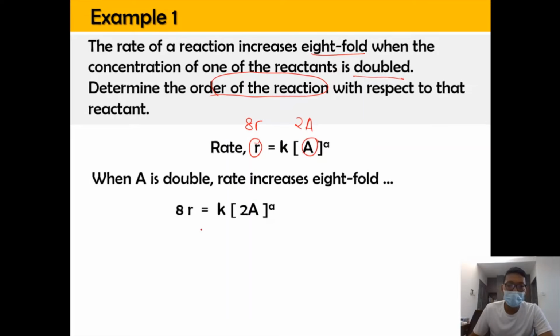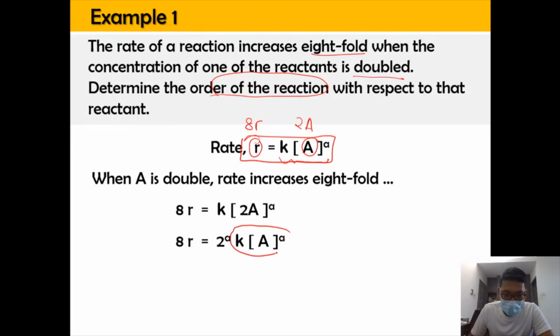Okay. So now we can rearrange the equation to be 2 to the power of alpha, k, and A to the power of alpha. And as you can see here, k[A] to the power of alpha basically refers to R. So we can change this one to R, and R here can be cancelled out. So we know that 8 is equal to 2 to the power of alpha.